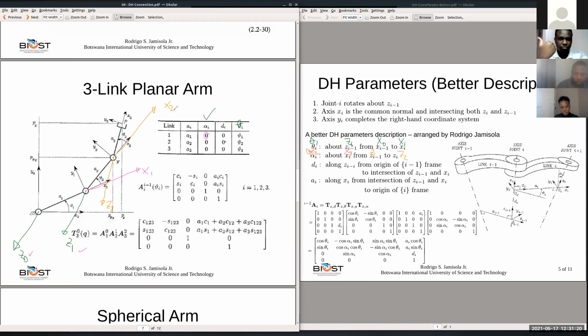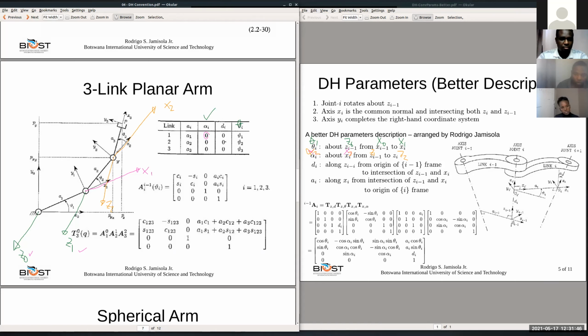Point your 4 fingers from z1, and rotate towards z2, about your thumb. Can you sweep from z1 to z2 about your thumb? You cannot see that?